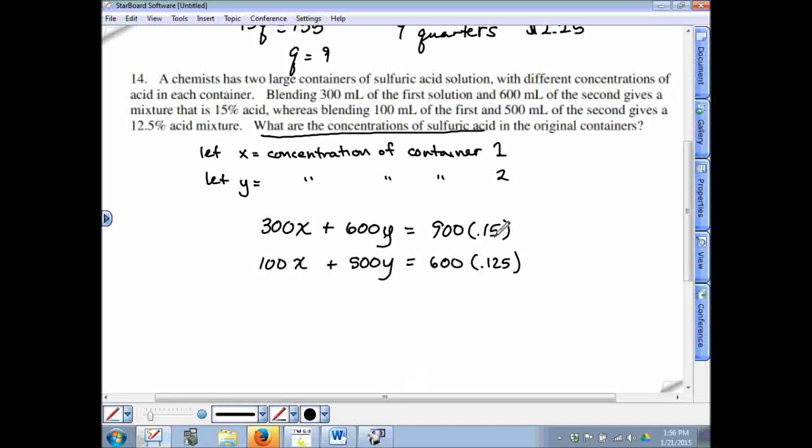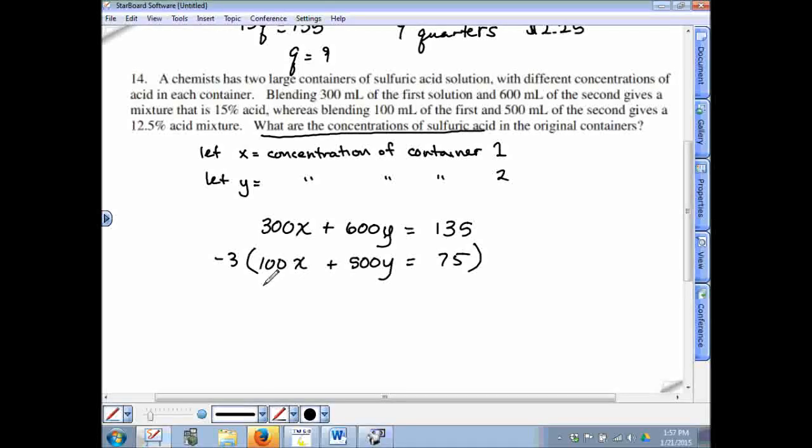And so there's your system of equations. 900 times 0.15 is 135. And 600 multiplied by 0.125, that's 75. So we can multiply this bottom equation by -3.